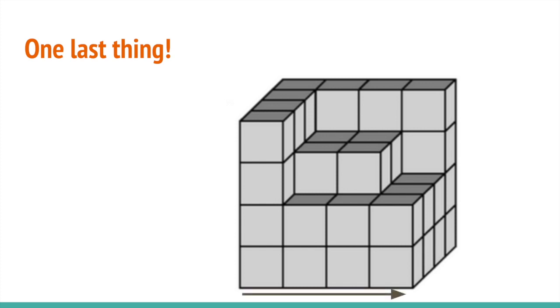So I can see here that my length is 4. I can see here that my width is 4. And I can see here that my height is 4. So my volume would be 4 times 4 times 4, which is 64 cubic units.